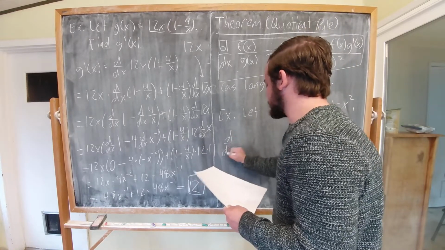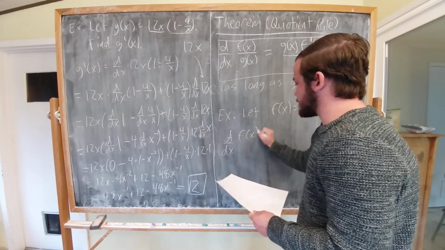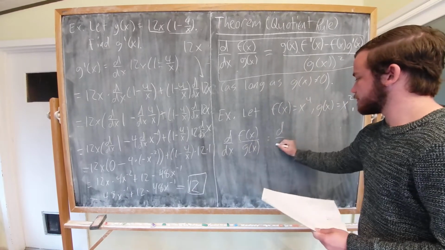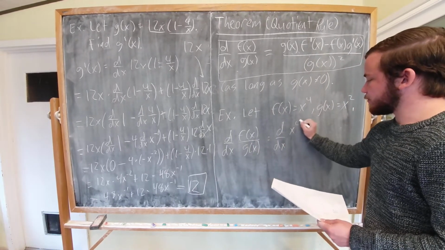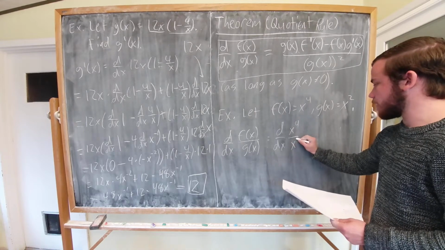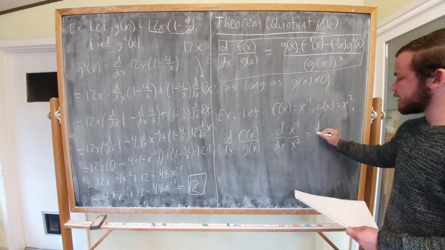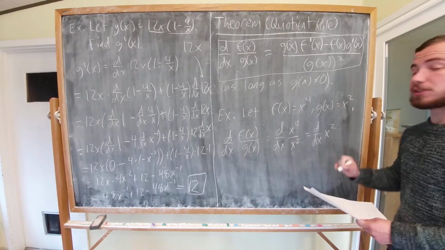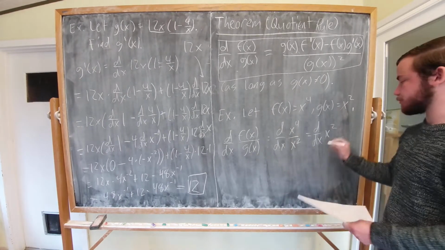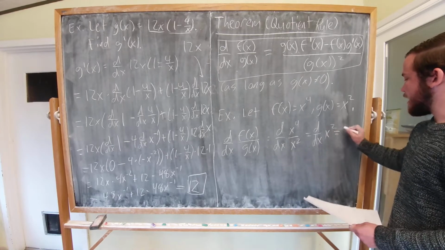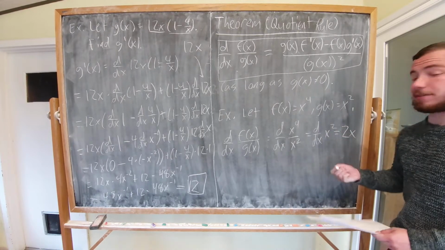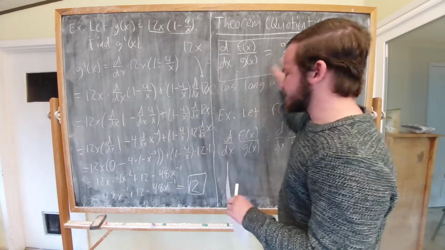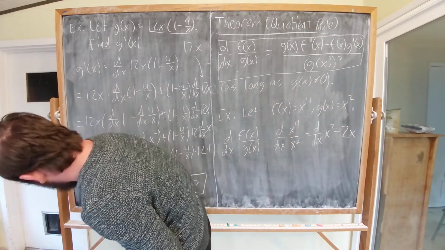The derivative with respect to x of x to the fourth over x squared is the derivative with respect to x of just x squared, by standard algebra. And that's just 2x by the power rule. So we know what the derivative should be, and let's see that this formula actually matches up with it.